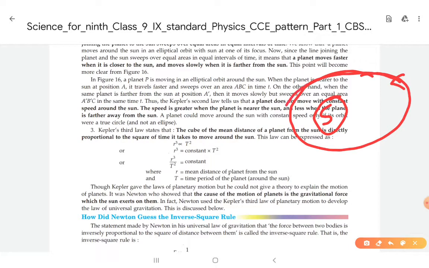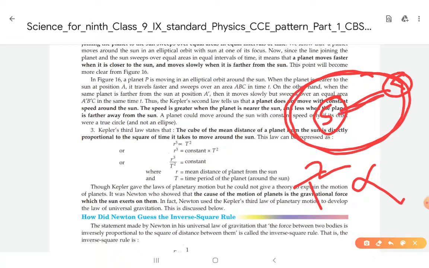So the time period of that planet, time period means the time taken to complete one round, the square of the time period we can write as T square. This is always directly proportional to the distance of the planet from the sun. Suppose this distance is r, so r cube.